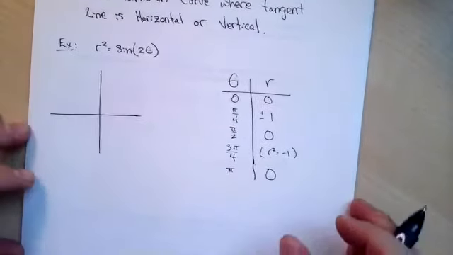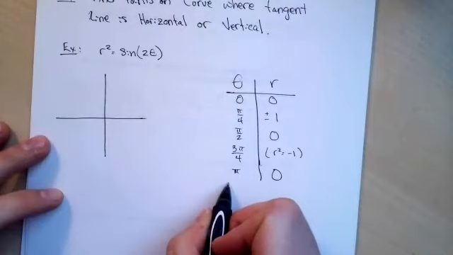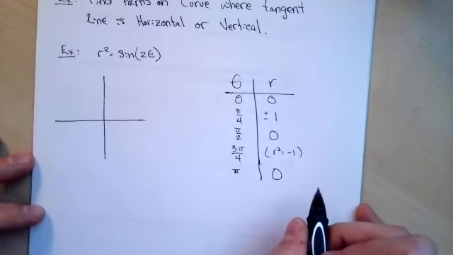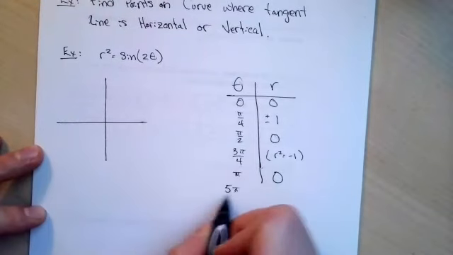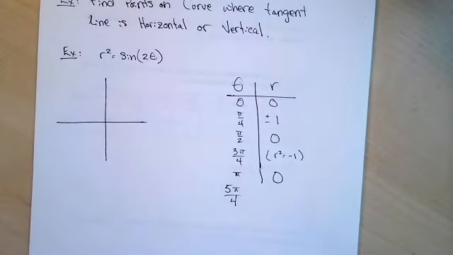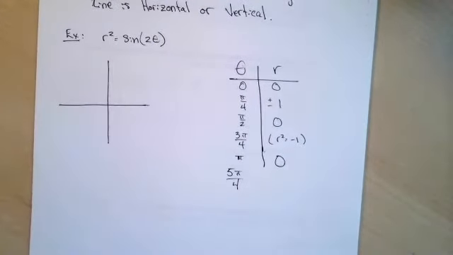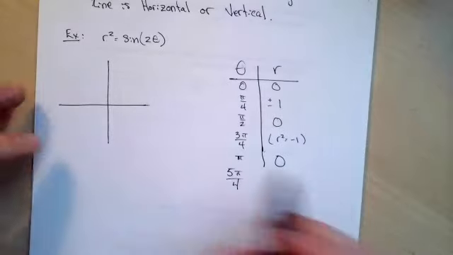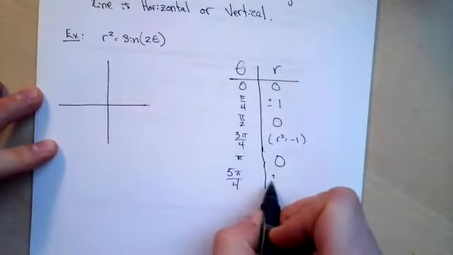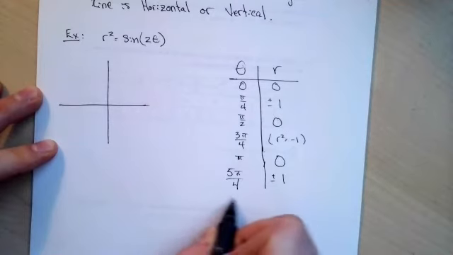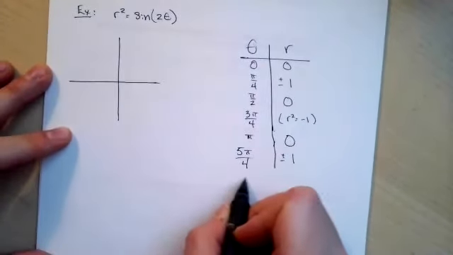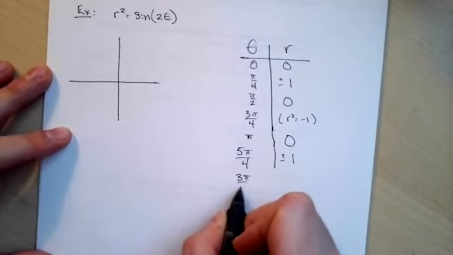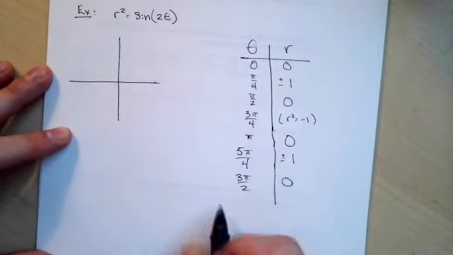If we keep checking, at 5 pi over 4, when we multiply that by 2, we have sine of 5 pi over 2, which again gives us plus or minus 1. How far do we want to keep going? 3 pi over 2 gives us 0 again.